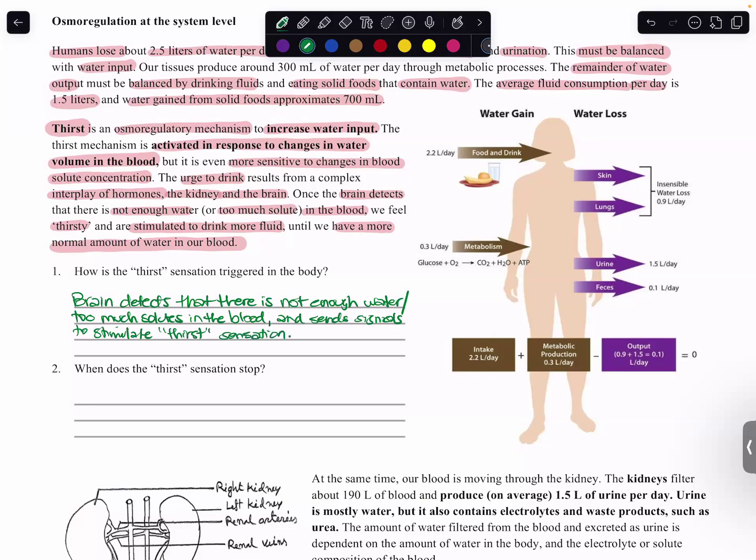We feel thirsty because our brain is telling us you are thirsty. There's not enough water in your blood. You need to drink water now.